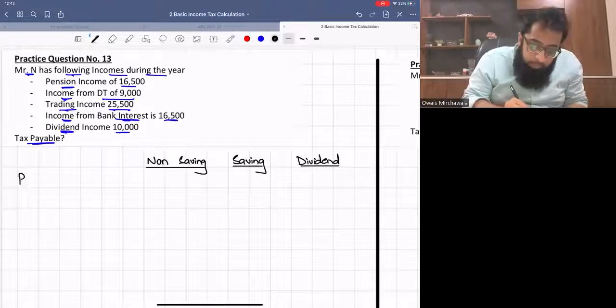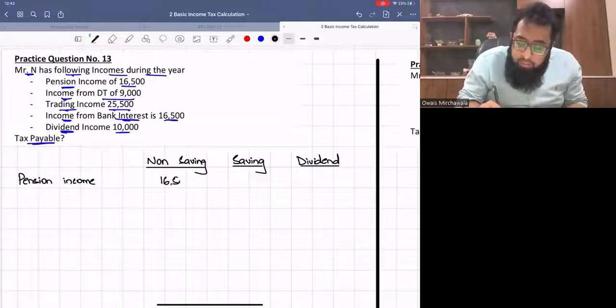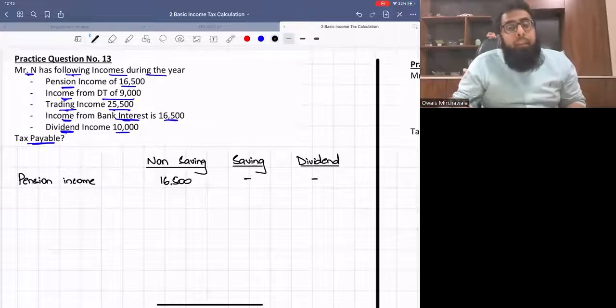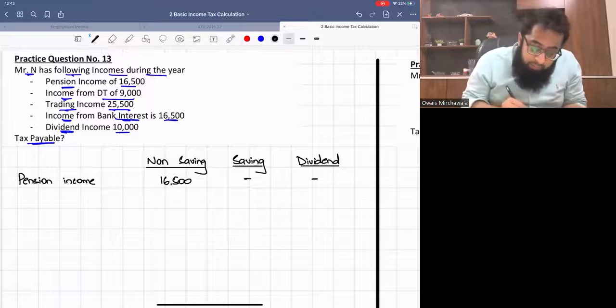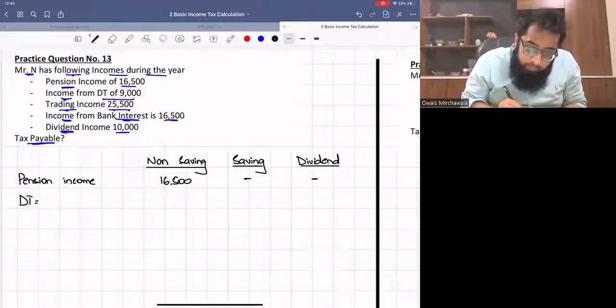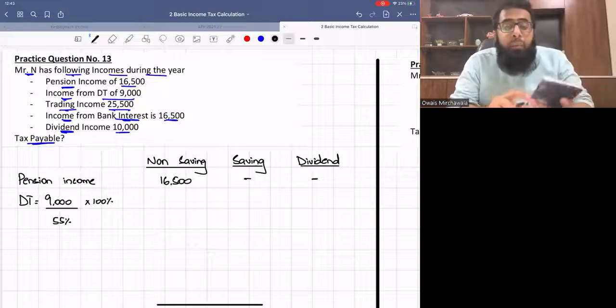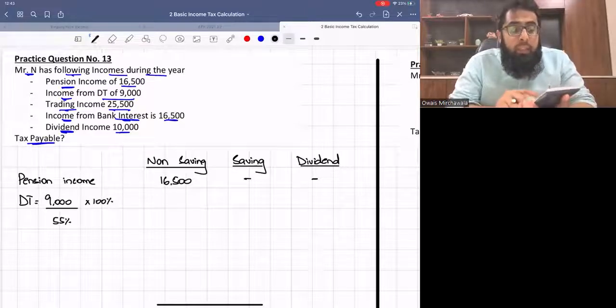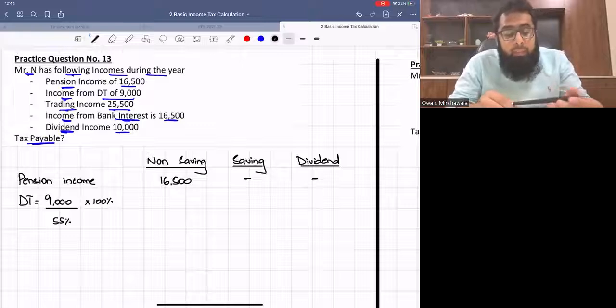Now, pension income of 16,500 goes in non-saving. First of all, we classify the income in the right heads. Then we have discretionary trust, 9,000. On discretionary trust, the withholding tax is 45%, so we gross it up through 55%: 9,000 divided by 55% multiplied by 100%.